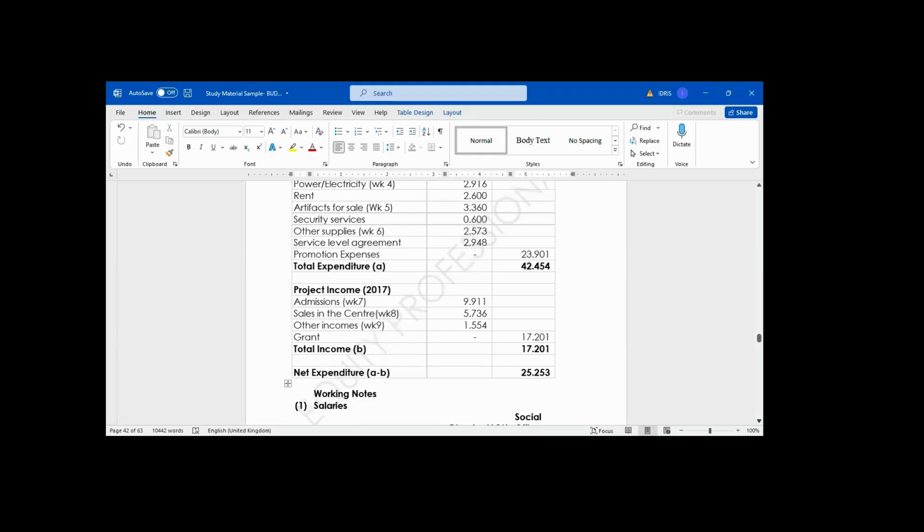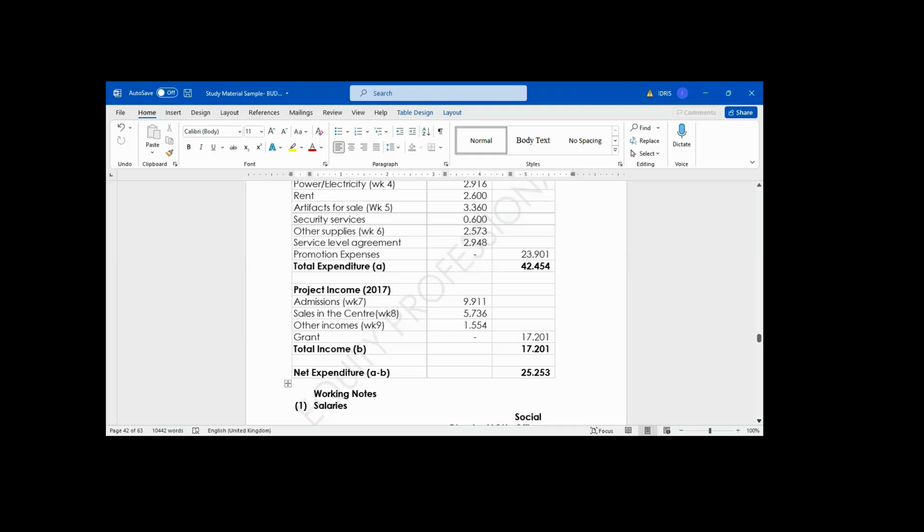You're supposed to have net surplus or net income, but we can't have it. Why? Because expenditure is more than income. Do you understand? Expenditure is more than income.